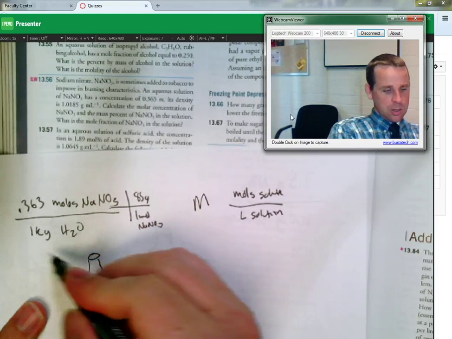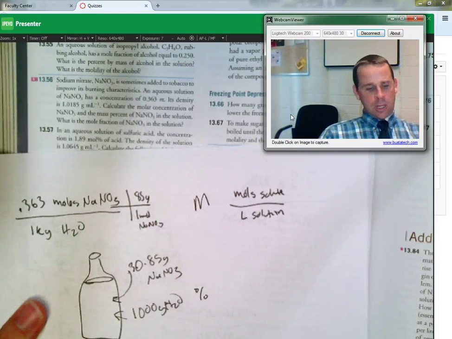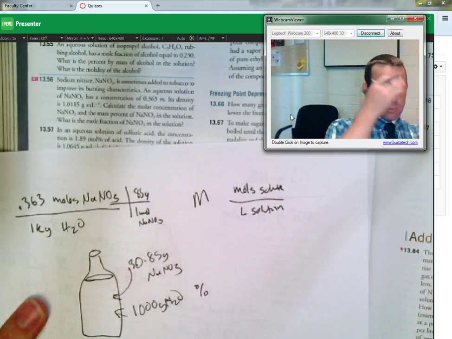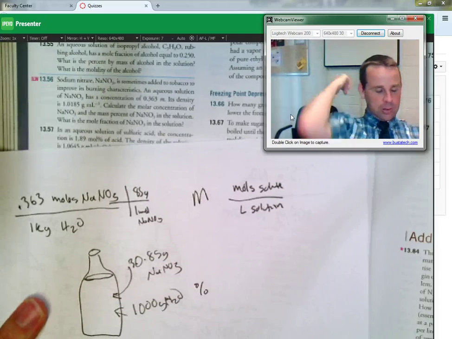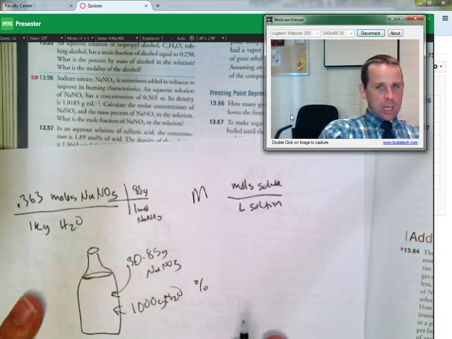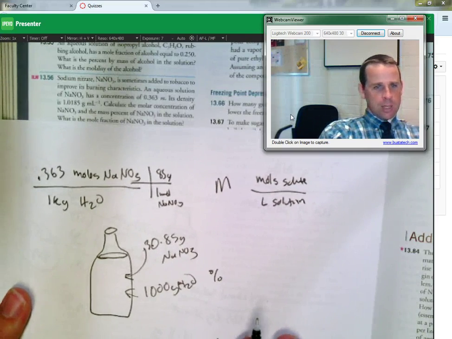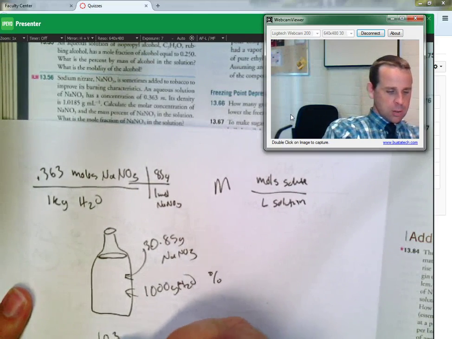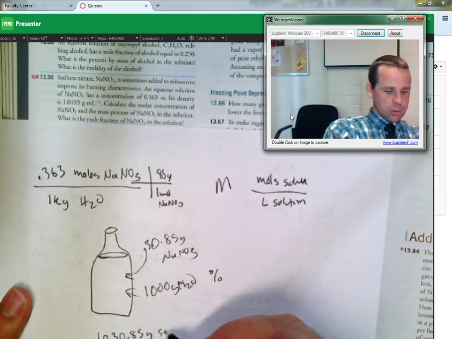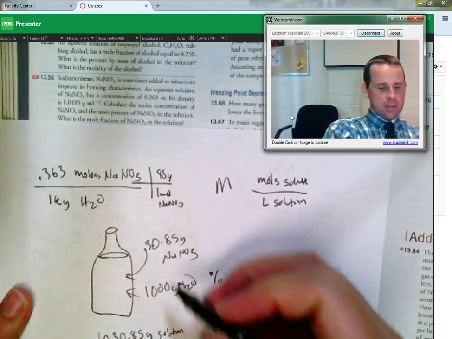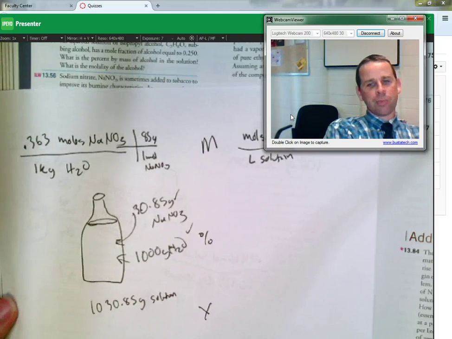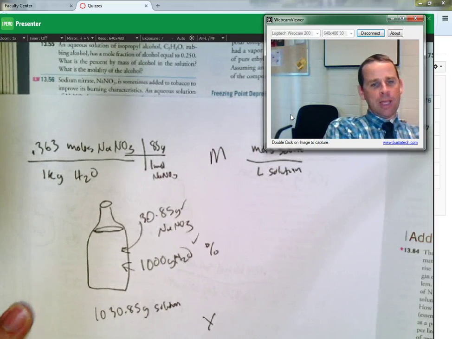And that's from this understanding up here, that there's 1 kilogram of water, 1 kilogram of solvent. All right, so now I want liters of solution. And I can get that from the density because I know that there are 1,030.85 grams of solution. That's the sum of this stuff and that stuff, right? And what else do I know?